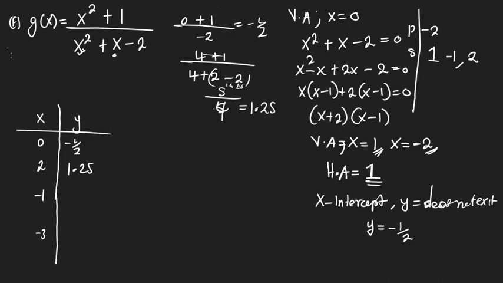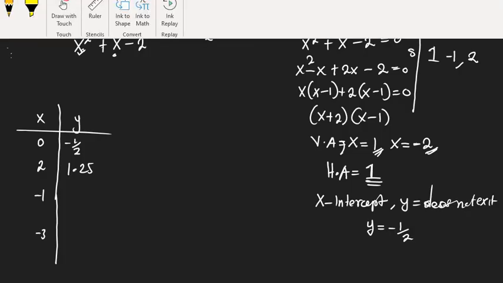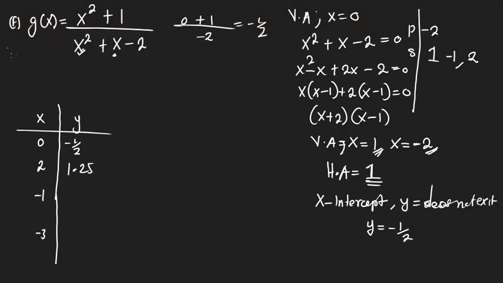How about negative 1? I see whether you understand the concept or you don't. This is the simplest concept. Negative 1 there, negative 1 here, negative 1 here.